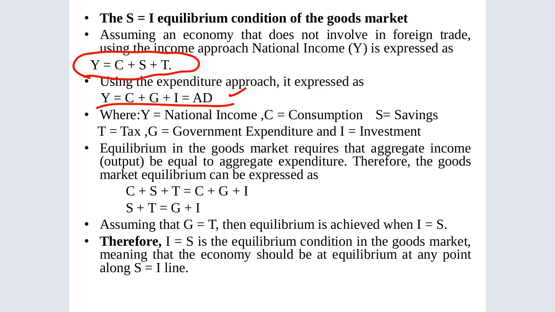If you equate them, you can cancel out the terms that appear on both sides. So you have savings plus tax equal to government expenditure plus investment.